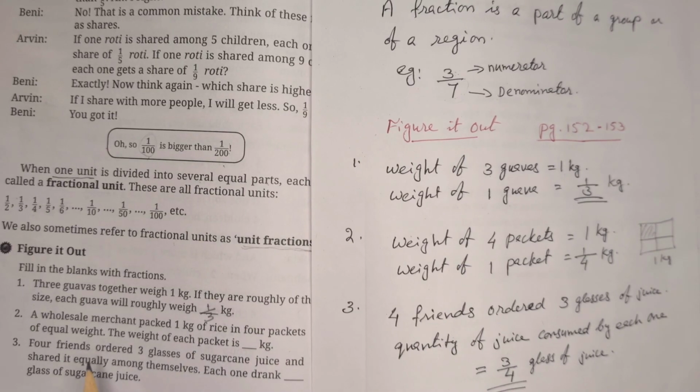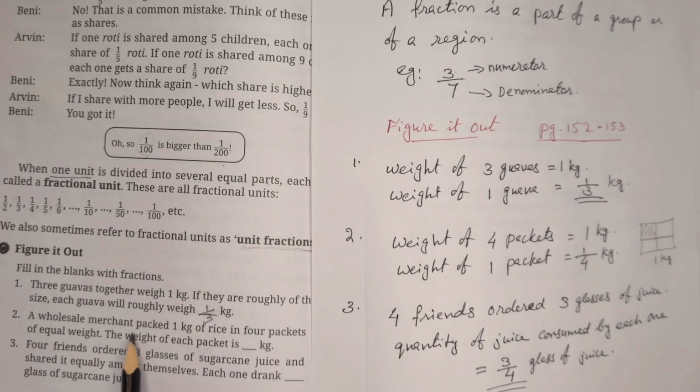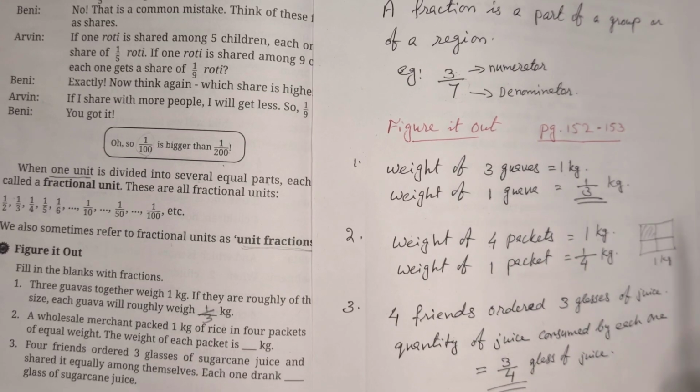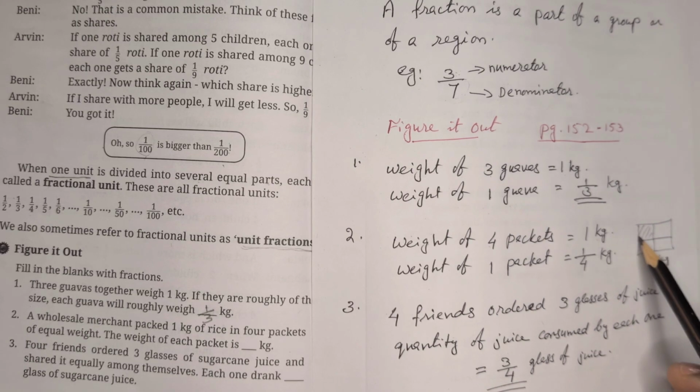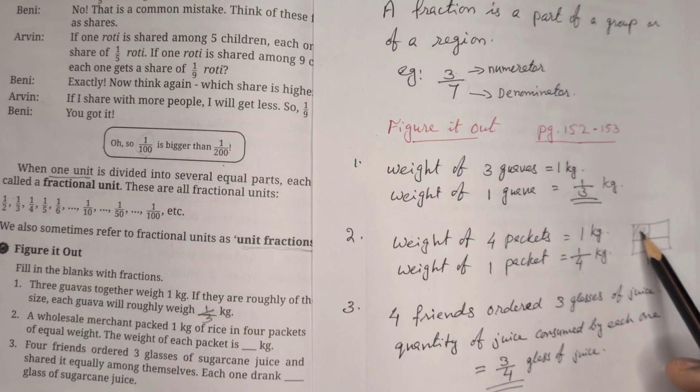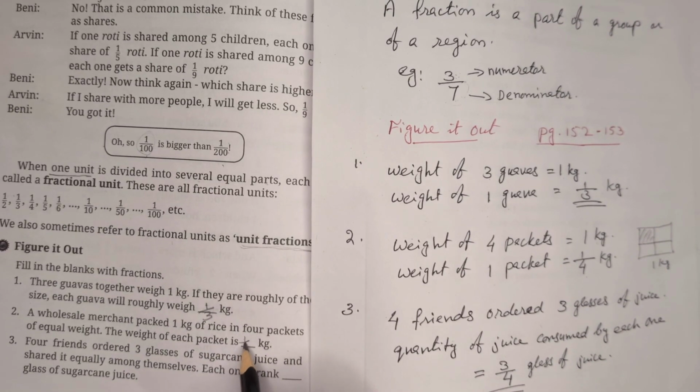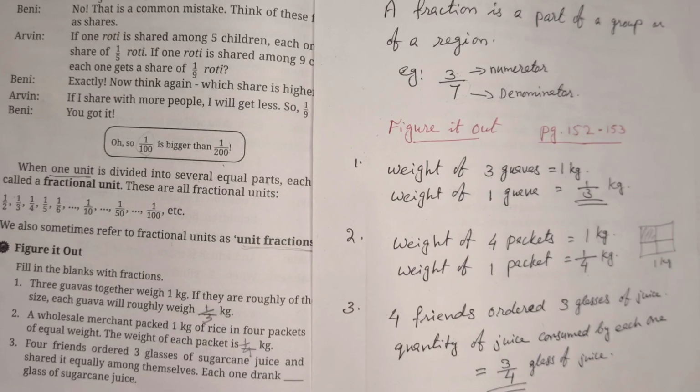1/3 kg. Next one, a wholesale merchant packed 1 kg of rice in 4 packets. That means the weight of 4 packets together is 1 kg. If we arrange 4 packets the same way, the weight of 1 packet will be 1/4 of that. So we can write here the answer 1/4 kg.